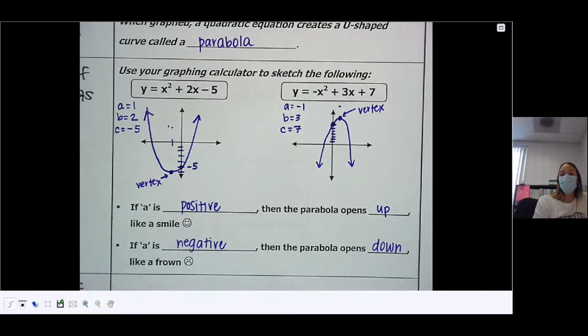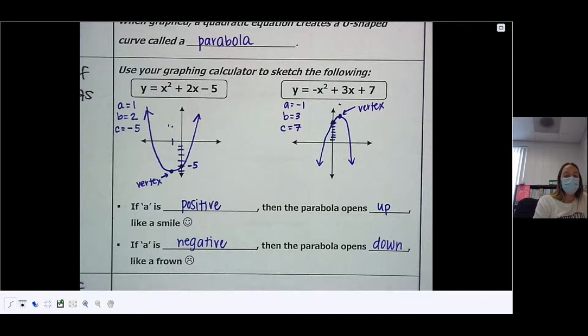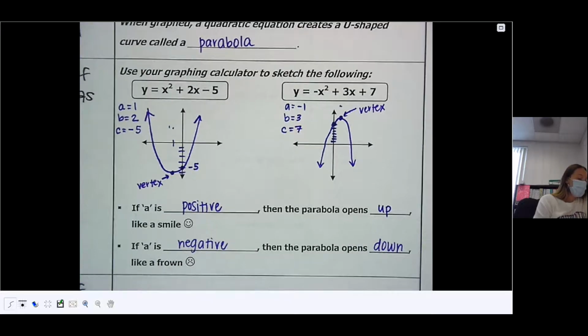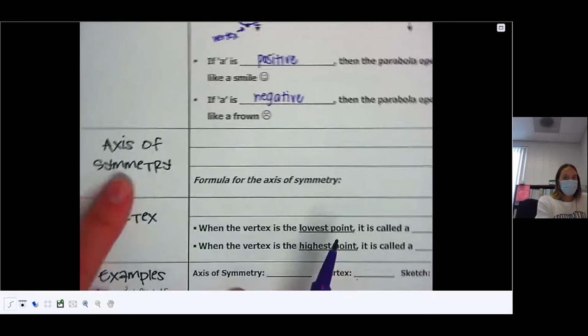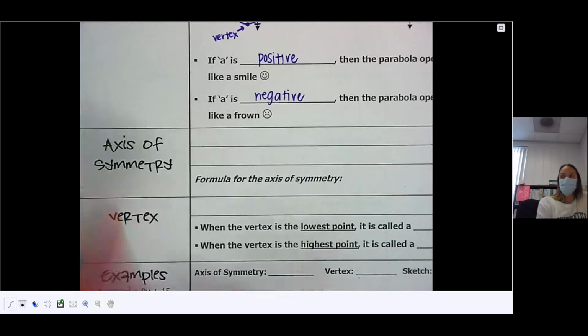Now, there are 2 more parts to this parabola, to this graph that we have. The first part is called the axis of symmetry. What does the word symmetry mean? Symmetrical, same on both sides, right? So the axis of symmetry is almost like the line that's the mirror. It's where your graph gets flipped to the other side. So it's just a mirror point.